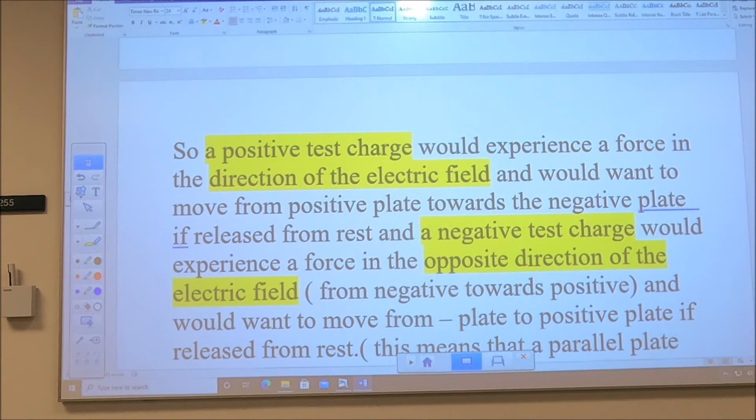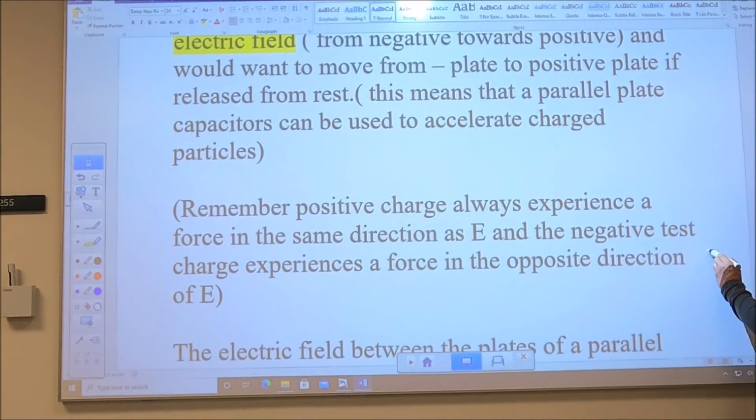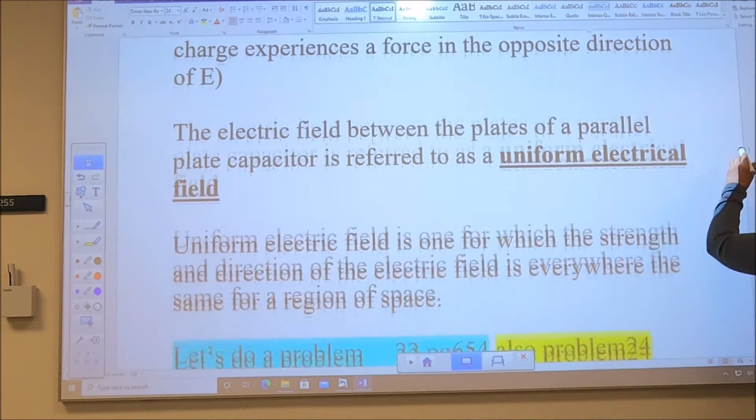A negative test charge experiences a force from the negative plate toward the positive plate, the opposite direction of the electric field. And if it was released from rest, it would move toward the positive plate. So, always remember a positive test charge experiences a force in the same direction of the electric field. A negative test charge experiences one in the opposite direction.